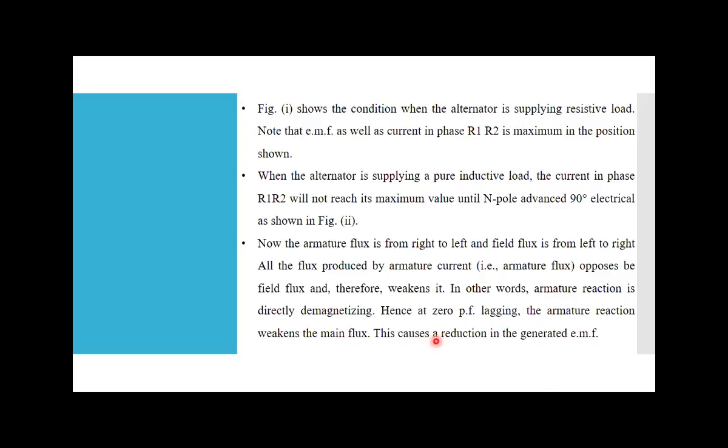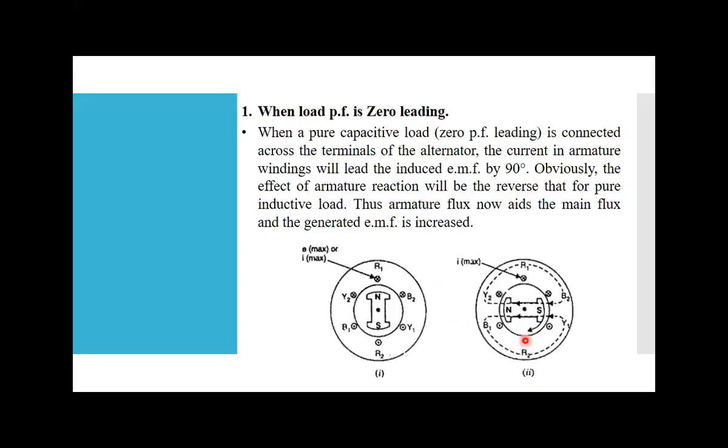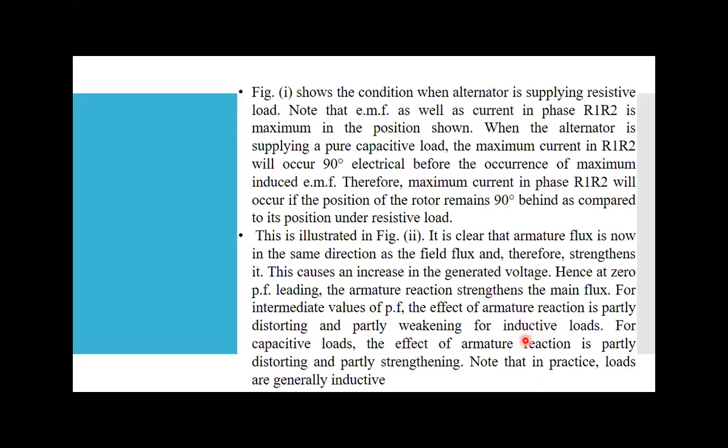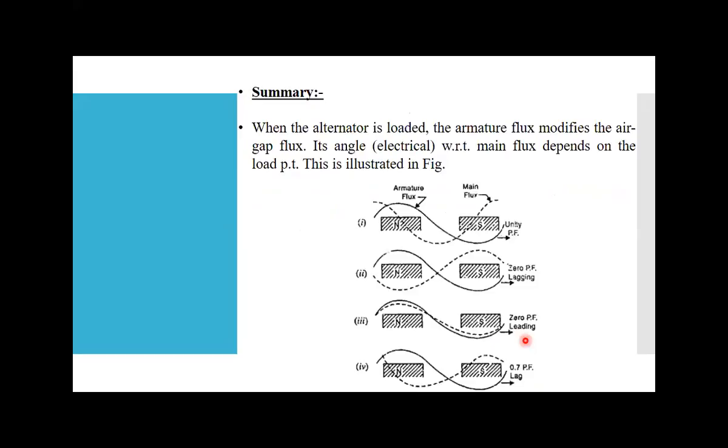So you can see this causes a reduction in the generated EMF. Another case is when we have power factor 0 leading, and finally we will take the summary of what will happen when my load is inductive lagging, leading, and any random lagging such as 0.7. That we will see in the next class.